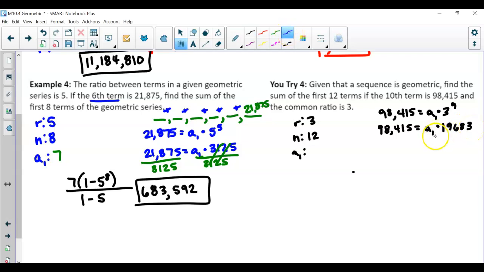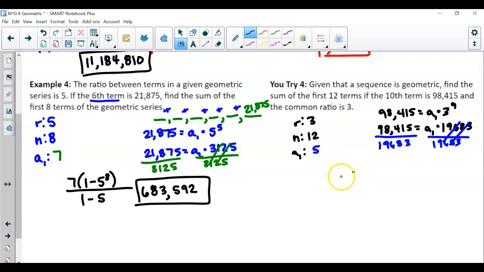Then we're solving for that first term, but it's being multiplied. So now divide by 19,683. And so now here, when you divide, you get that first term is 5.